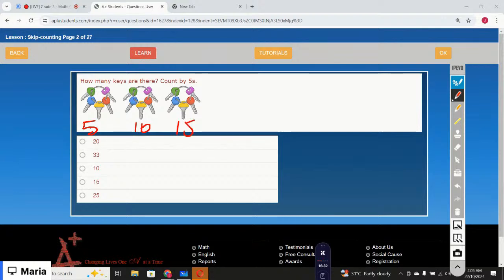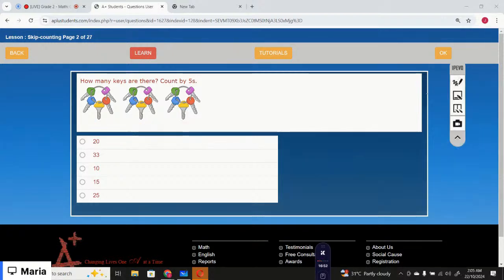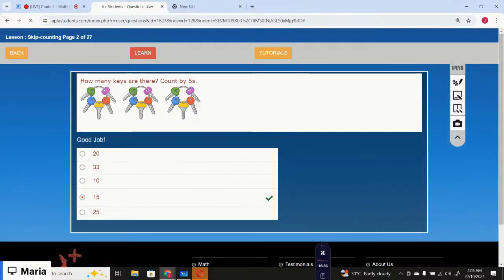So you can use this skip counting by using addition. You can use them with addition and with multiplication. So that is a very important lesson. Yes, very good. That is 15. The correct option is 15. Option number 4 is the correct option.